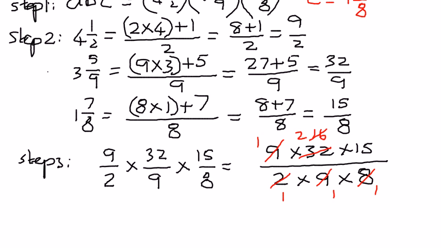So when we simplify this, we're going to come up with the value 1 times 2 times 15 divided by 1 times 1 times 1, like that.